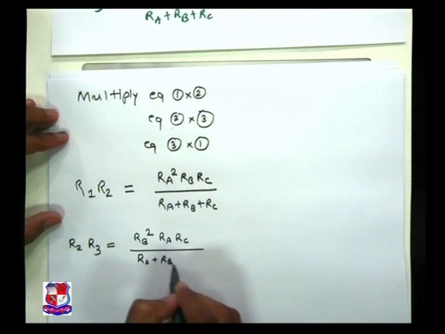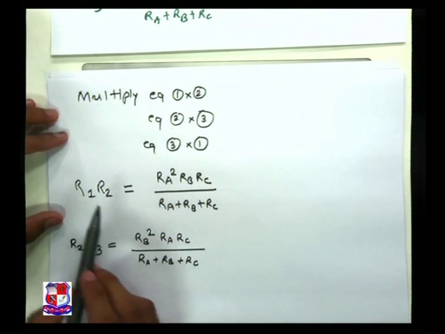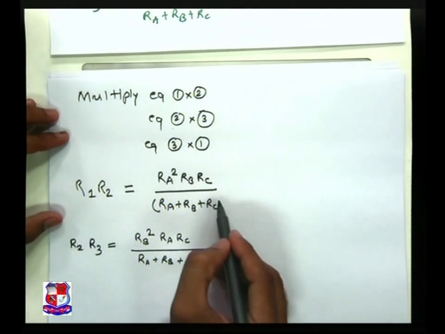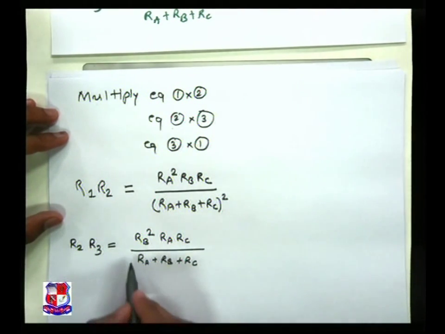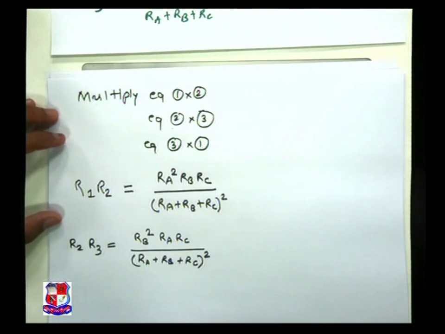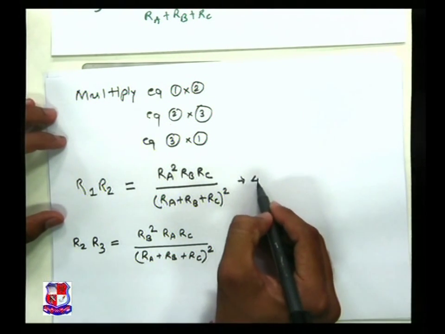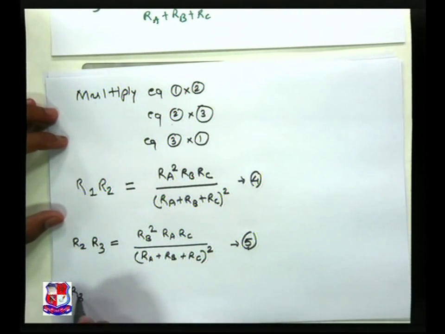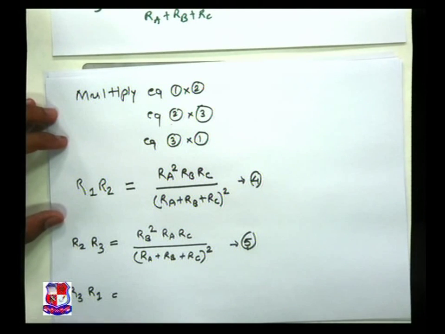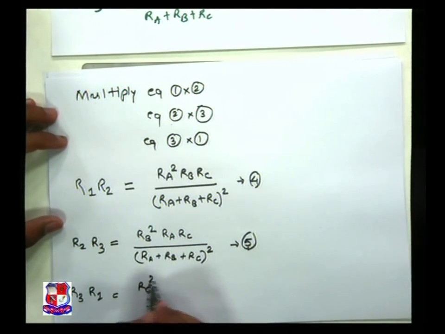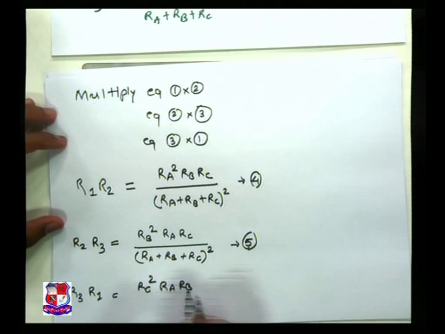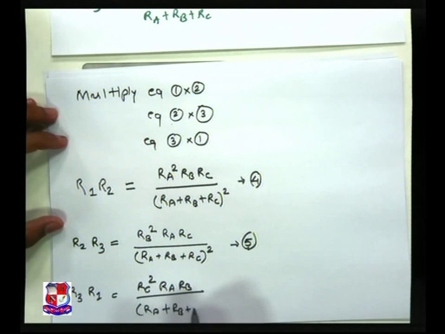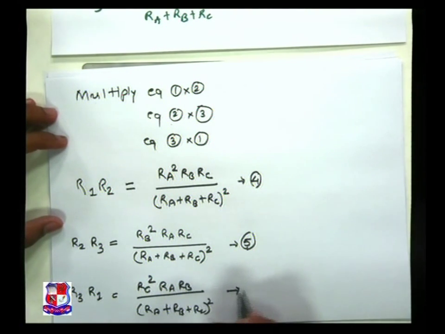Again the denominators remain common, but as we multiply, the denominators are the same. So the bracket RA plus RB plus RC is multiplied 2 times, so we get the square of the bracket, and give equation number 4, 5, and then the third one is R3 into R1 equal to RC square RA into RB upon RA plus RB plus RC square.